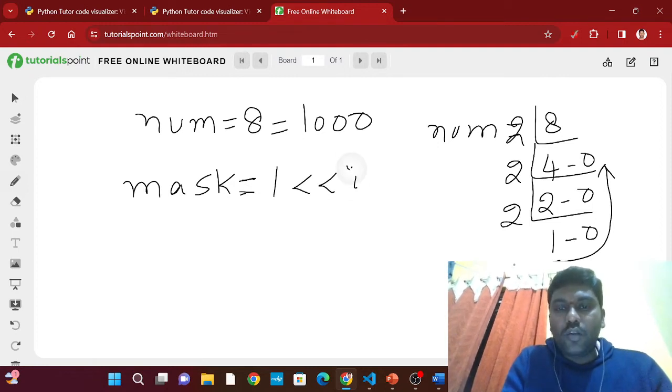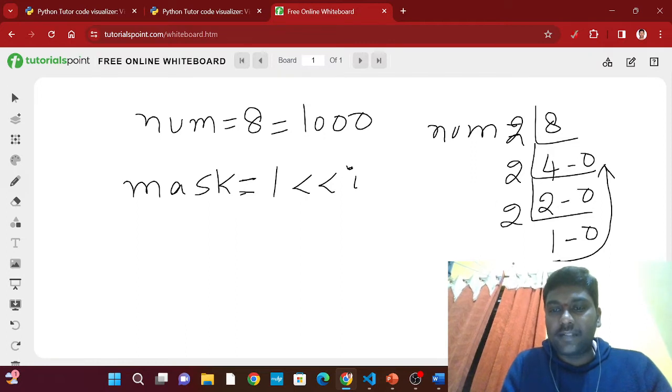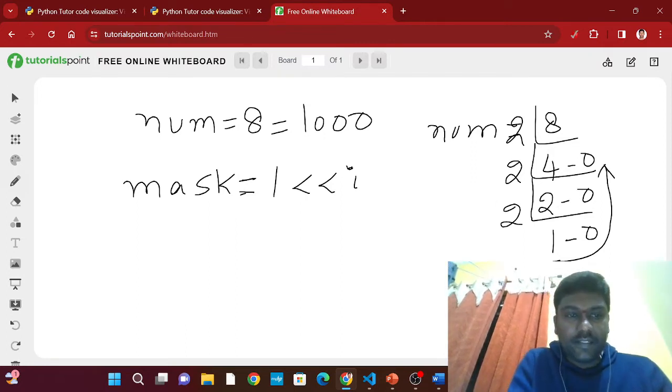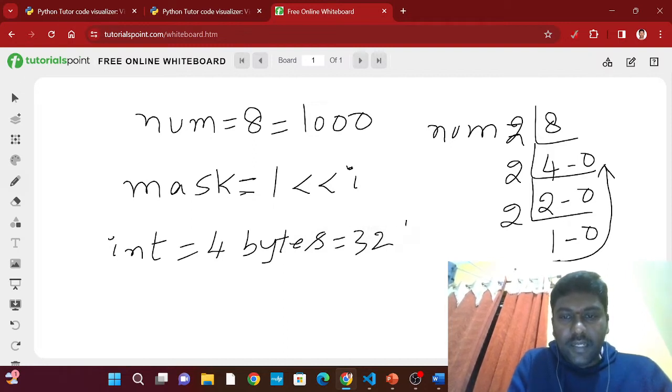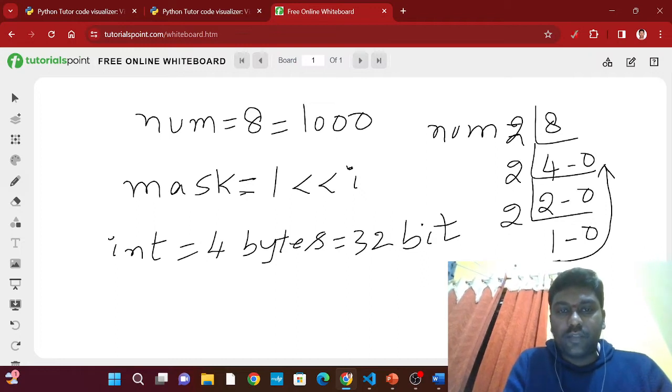Already we know that the integer size is 4 bytes, that is nothing but 32 bits. Is it right? What is the size of the integer? It is 4 bytes, that is represented with 32 bits. So I am going to left shift this 1.